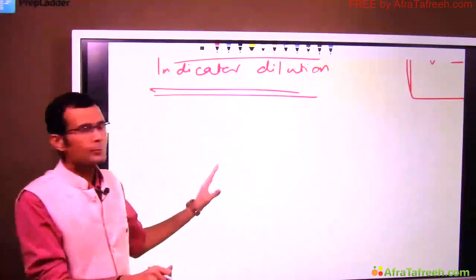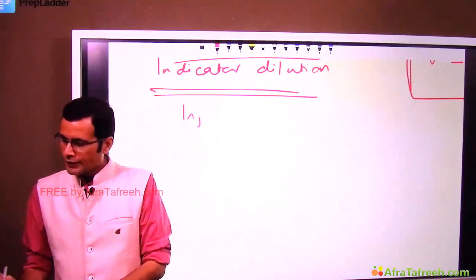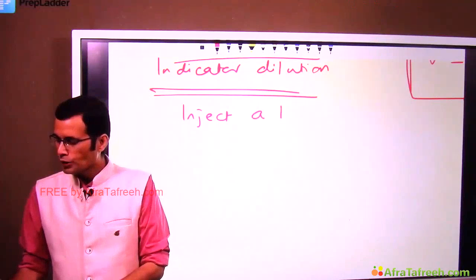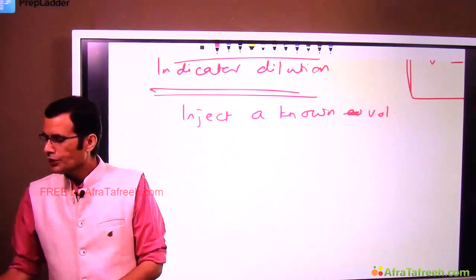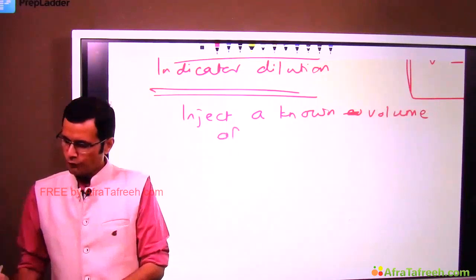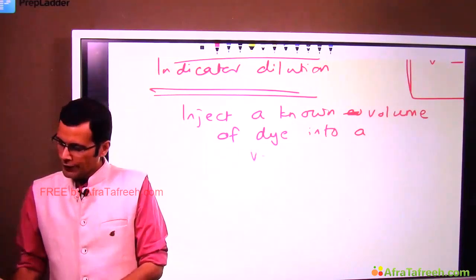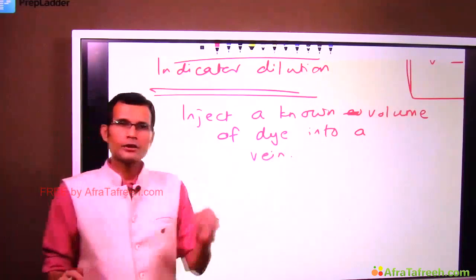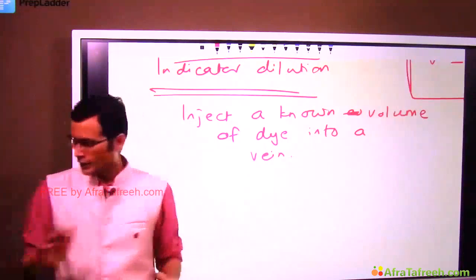First of all, the dye dilution technique principle. Inject a known amount of dye, a known initial volume of the dye, into a vein.